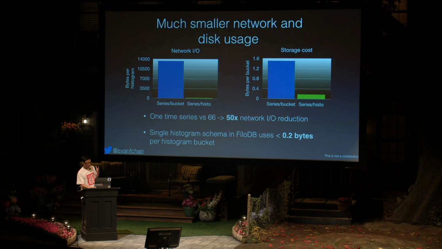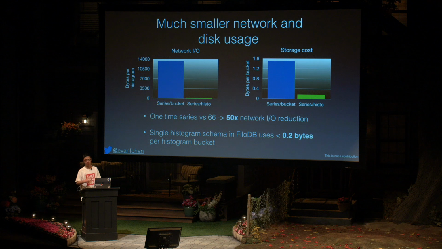So in terms of network I/O, what we find is that for a histogram with 64 buckets, which ends up with 66 total series, we get about a 50x reduction in the network I/O compared to transporting separate time series separately.